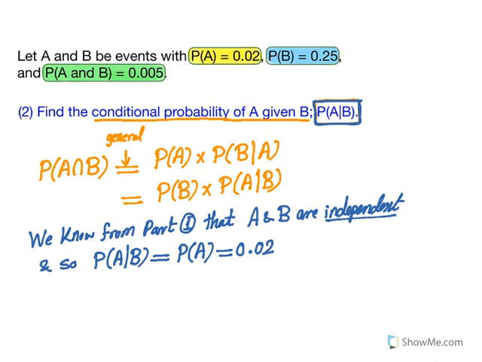Because they are independent, this is always true. And also probability of B given A will be the probability of B.